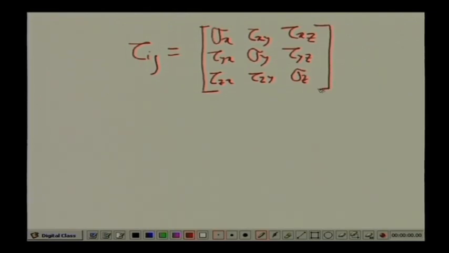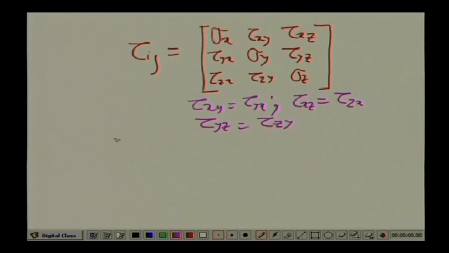So, this is the stress tensor. Now, from the equality of the shears, we have obtained that tau x y is equal to tau y x, tau x z is equal to tau z x, and tau y z is equal to tau z y.